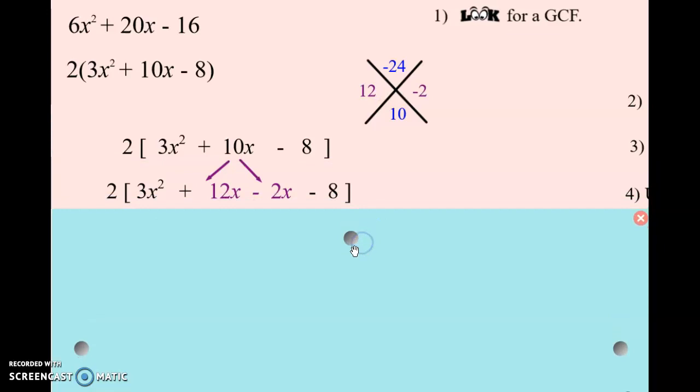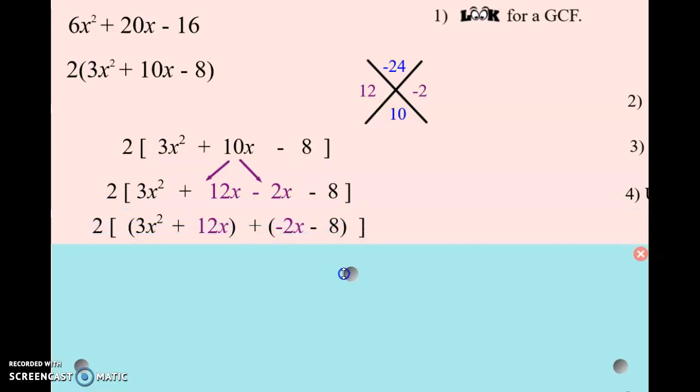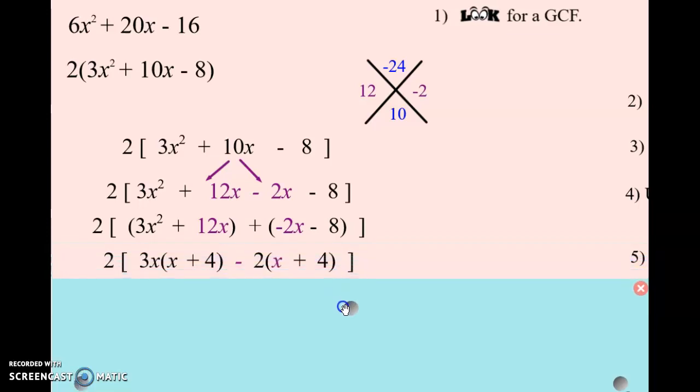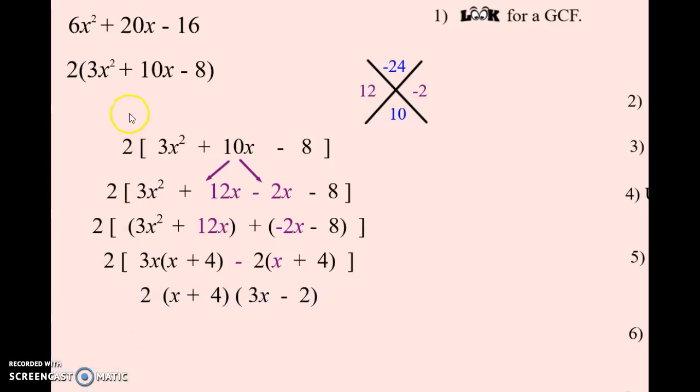Rename my middle term. Solve by grouping. Find the greatest common factors and put the factors together. You'll notice that this factor of 2 stays with the problem the whole way.